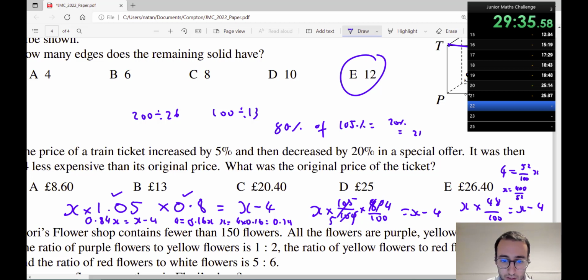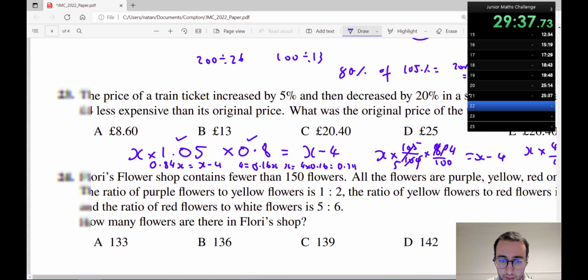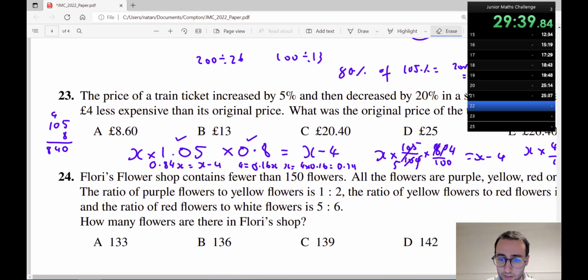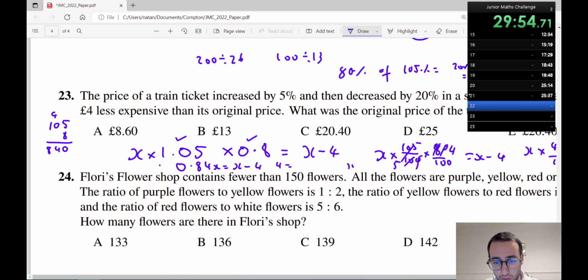Yeah. So I've got, okay, if I write this all out, I'm pretty sure I'm just going to write the same thing again though. I've got 0.84x equals x minus 4. So I put 4 on that side. 4 equals x minus 0.4x, 0.16x.